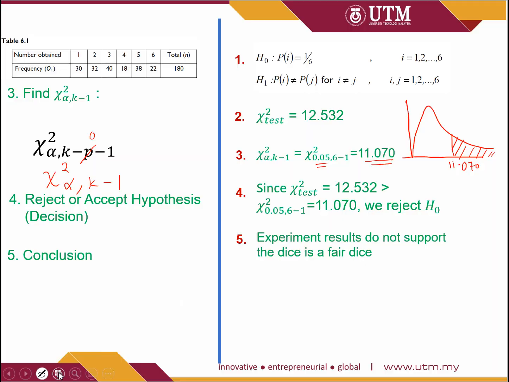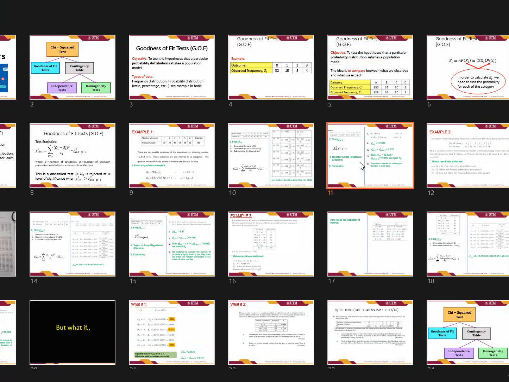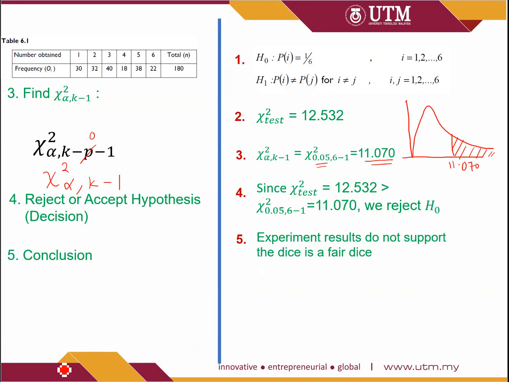Okay, sorry class. Where is it? This one. Let me change the color into blue. So now your chi-squared test, is it more than 11.070 or less? So it should be more. Remember, for chi-squared distribution, the 0 is at the very left of the distribution.